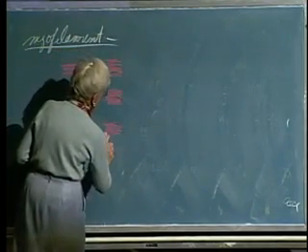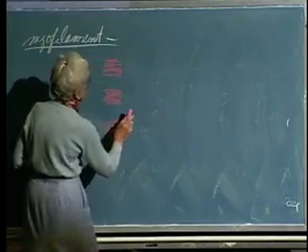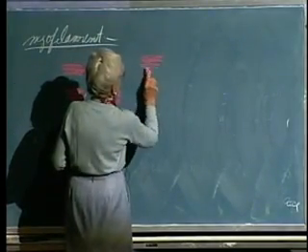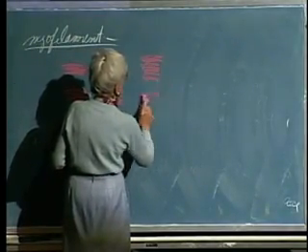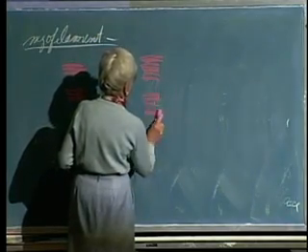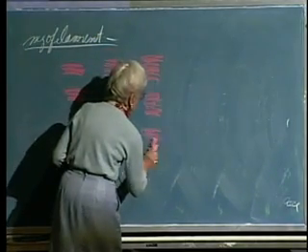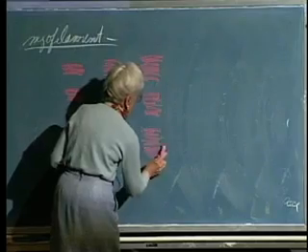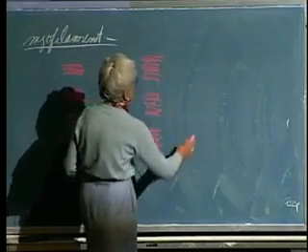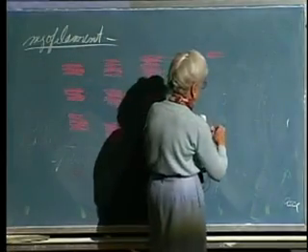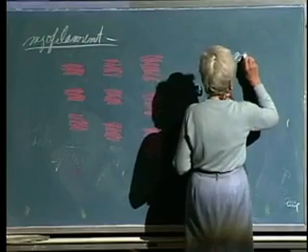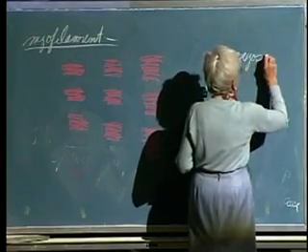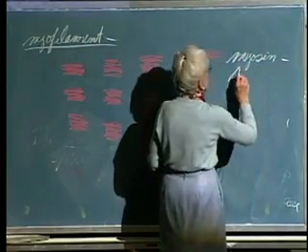Just what constitutes the striations as you can see them with your microscope. So in red, we have myosin, also called A bands.